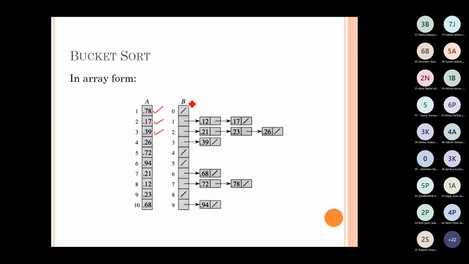Okay, so here the bucket number 0 means all the elements which have 0 in that place.